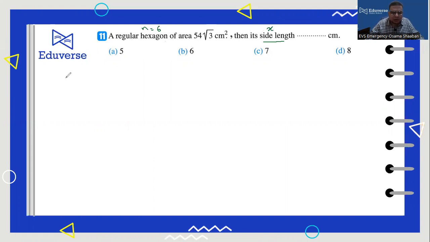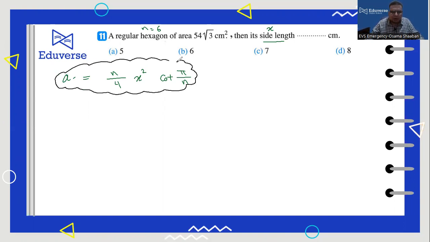The area equals n over 4 multiplied by x power 2 multiplied by cotangent of 180 over n. Here n is the number of sides, x is the side length. So this is the rule. You studied that before, the area of any regular polygon.